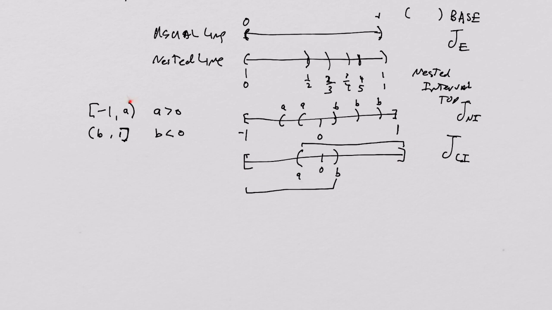So the union of any member of the base that involves A, well, I'll call that the lower member, with any upper member will always be the same thing, the real line. And it doesn't matter how close A is to 0. Since A has got to be less than 0 and B has got to be greater than 0, that union is always going to include the entire line.